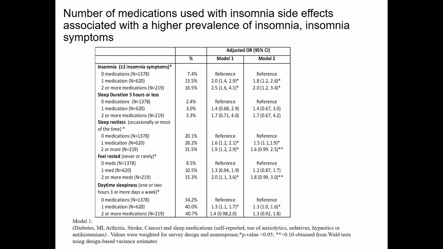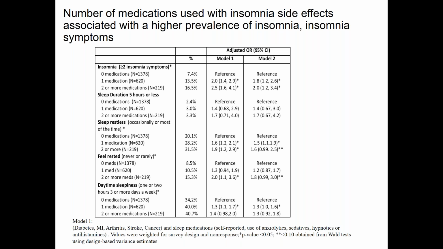So we conducted a simple analysis to look at the prevalence of use of multiple medications, so 0, 1, 2 or more, and whether that's associated with insomnia or a series of symptoms that are often used to measure insomnia. Insomnia was measured here as 2 or more insomnia symptoms, which are sleep duration, 5 hours or less, sleep restless, feeling restless, and daytime sleepiness.